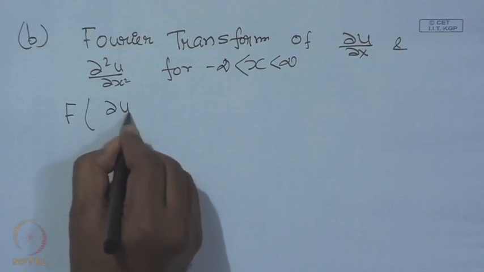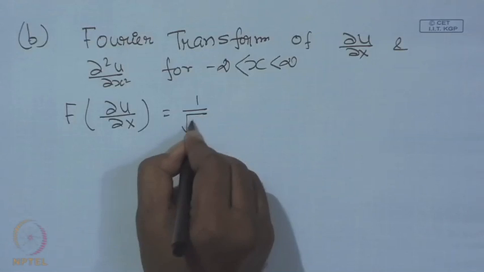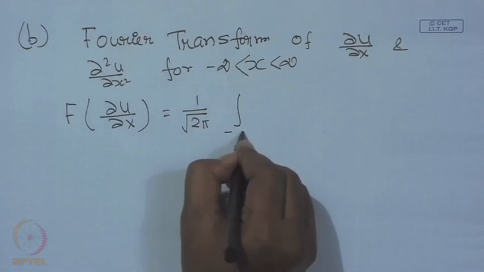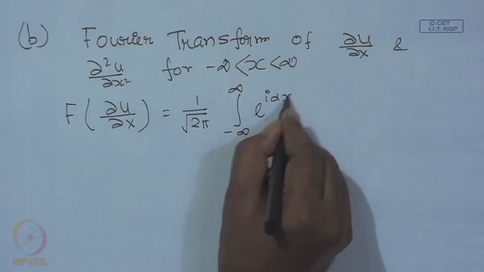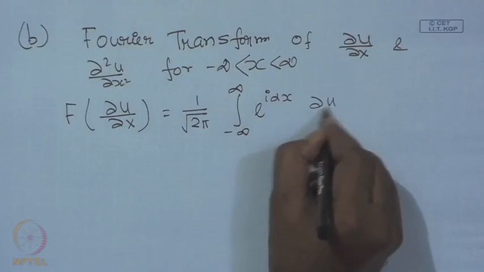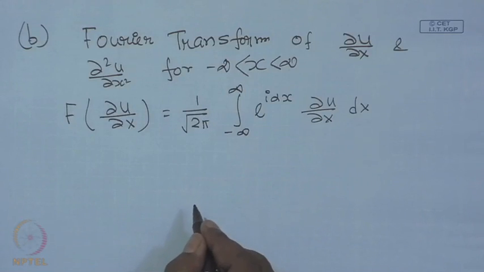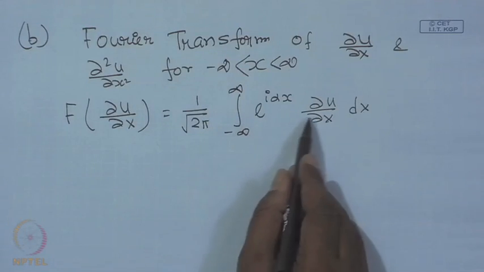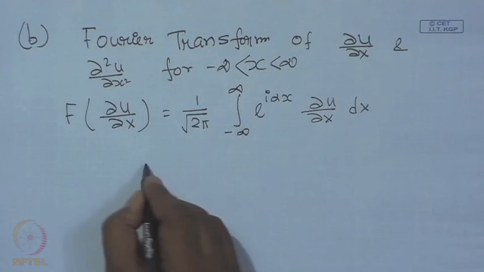The Fourier transform of del u del x will be 1 over root 2 pi, integral from minus infinity to plus infinity of e to the power i alpha x del u del x dx. Then what we can do? We can evaluate this integral by parts.